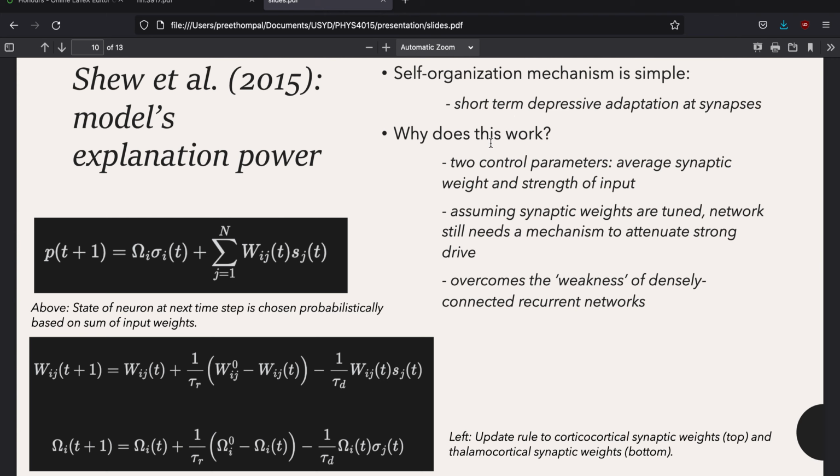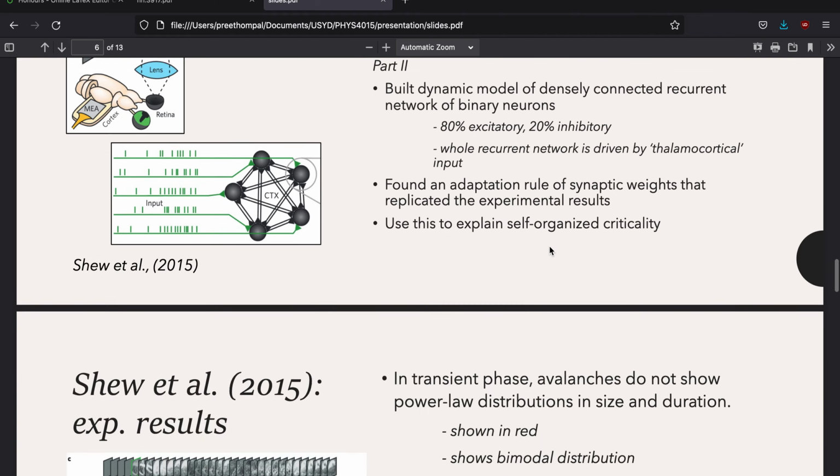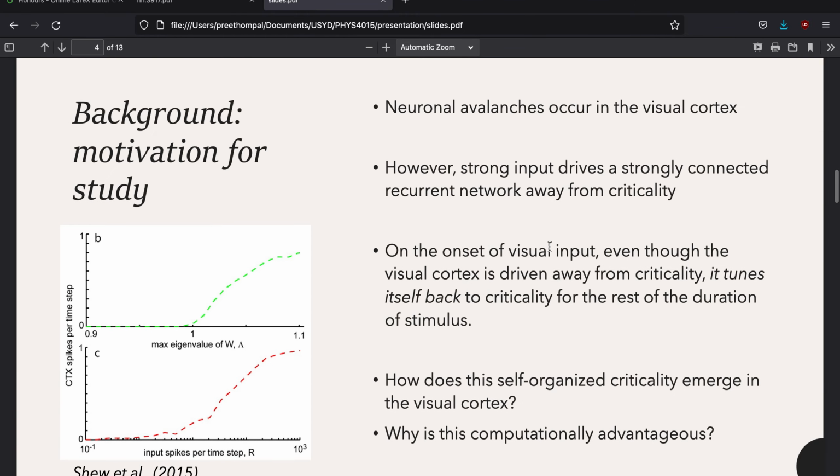Why does this actually work? Well, if we recall earlier, there were two control parameters to criticality. One was the average synaptic weight, and the other was the strength of input. We can see that in this figure.